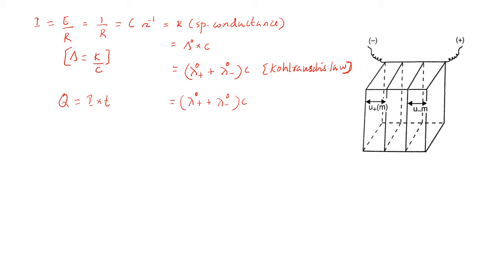Now, let the limiting ionic mobility of the cation and anion be U plus 0 and U minus 0.